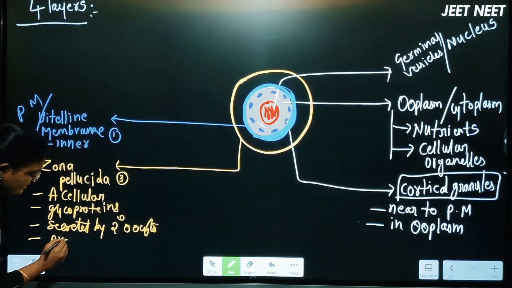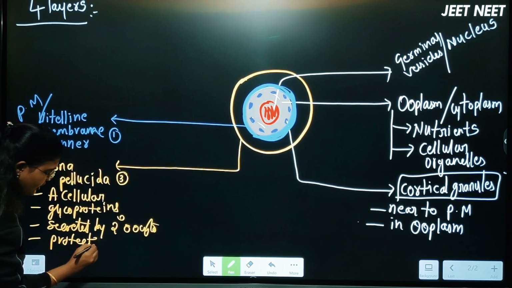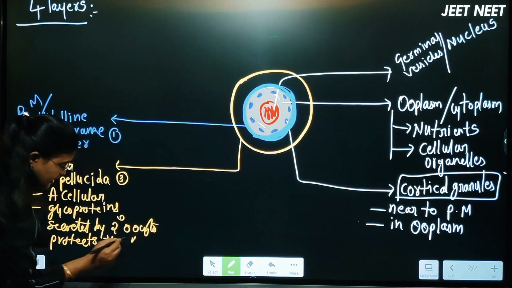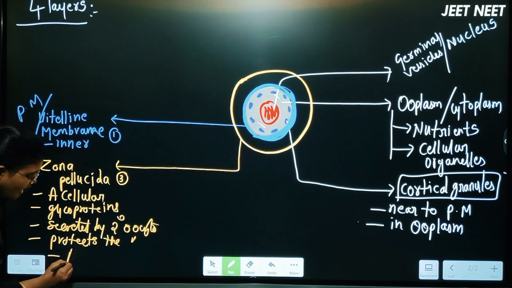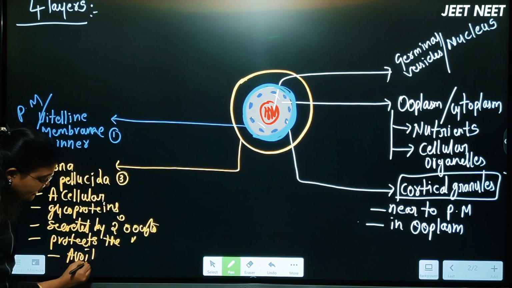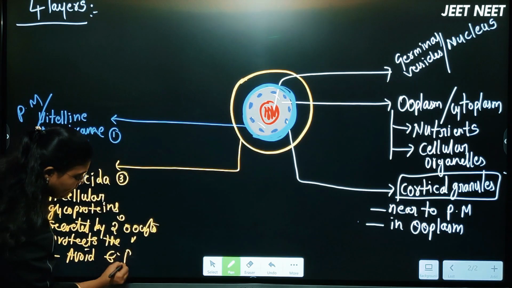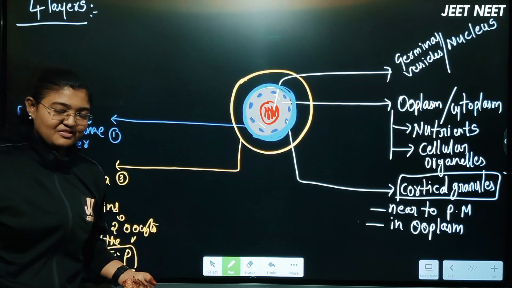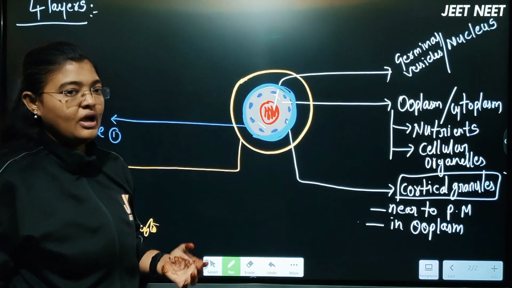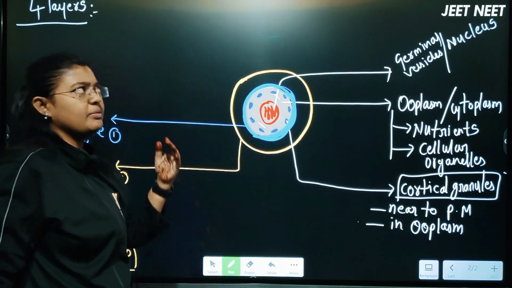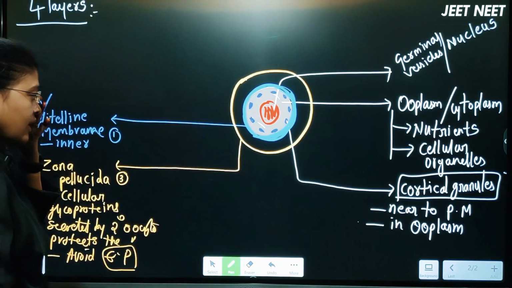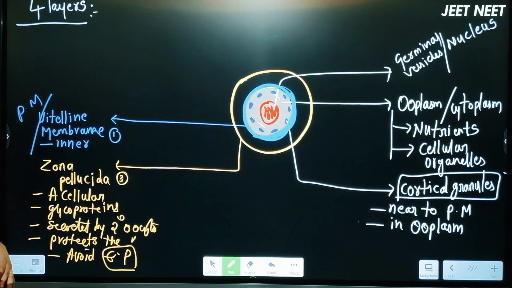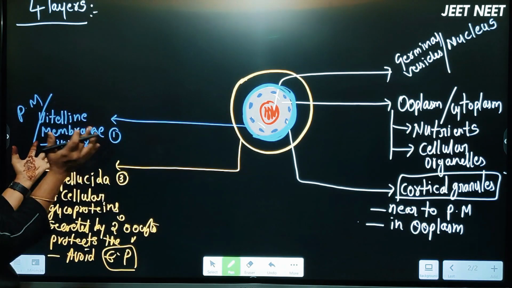It protects the secondary oocyte and avoids which pregnancy beta? Ectopic pregnancy. What do you mean by ectopic pregnancy? The implantation of the embryo other than in the uterus, maybe in the fallopian tube or maybe in the cervix, we will call it an ectopic pregnancy. This zona pellucida will protect this layer beta.